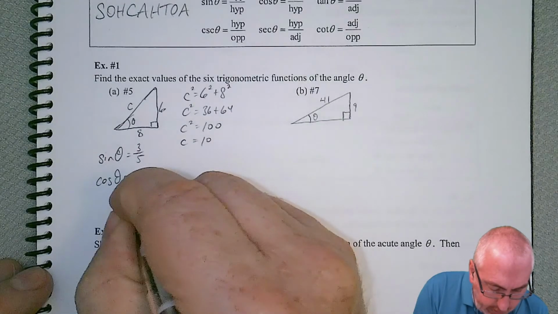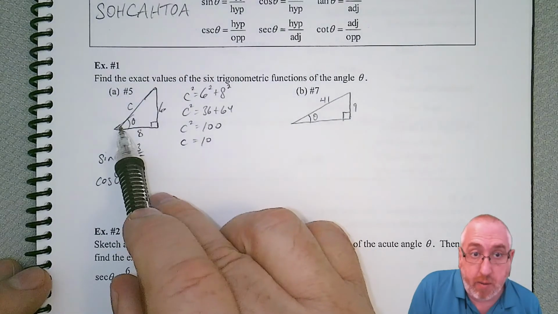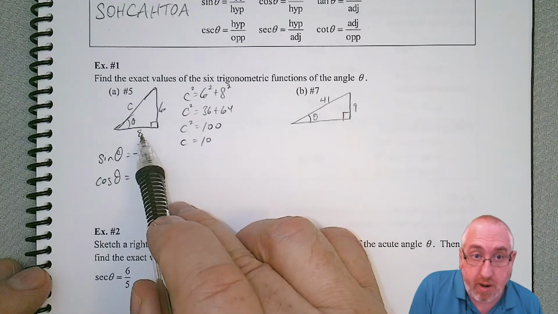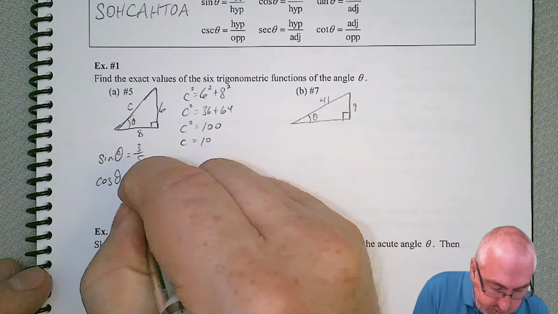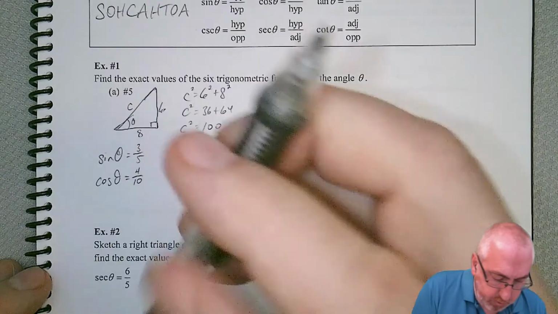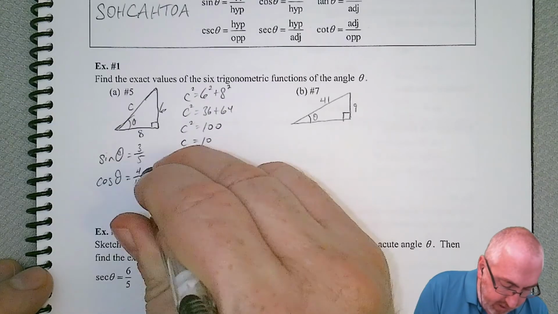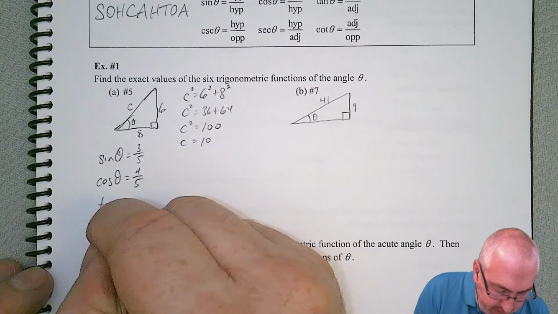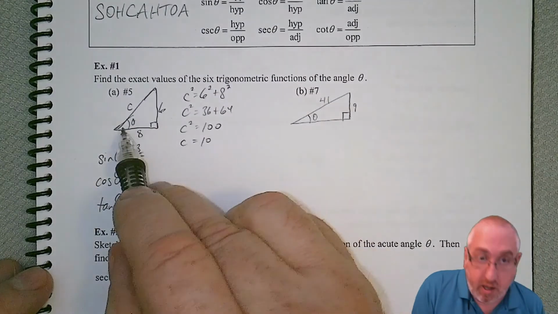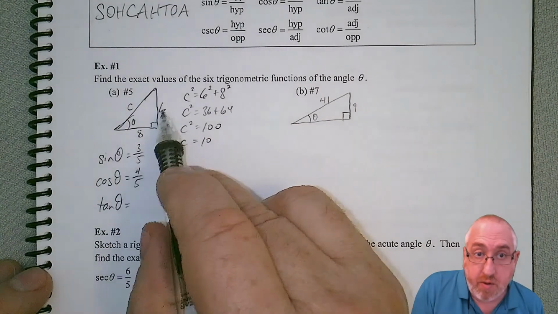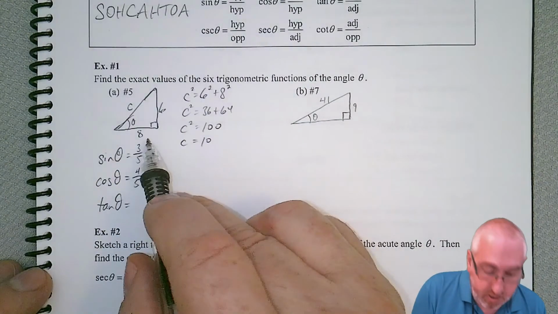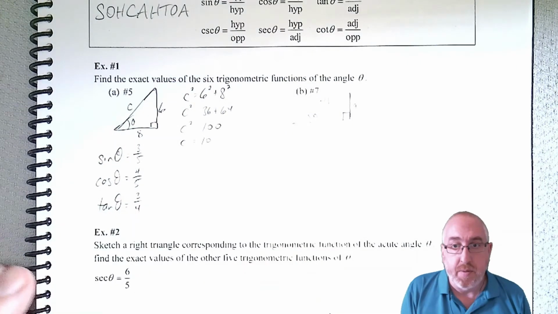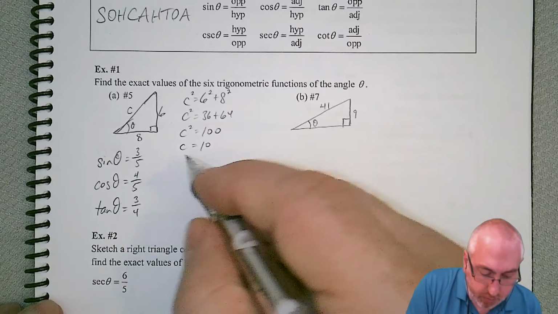Cosine should be adjacent, so adjacent to this angle should be down here, so 8 over 10, which reduces to 4 over 5. Then tangent is going to be the opposite over the adjacent. So 6 over 8, and we can see that should reduce to 3/4. So now we can get the rest of these.